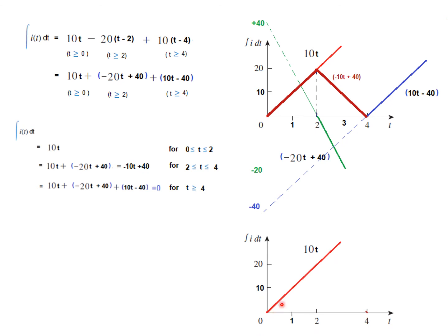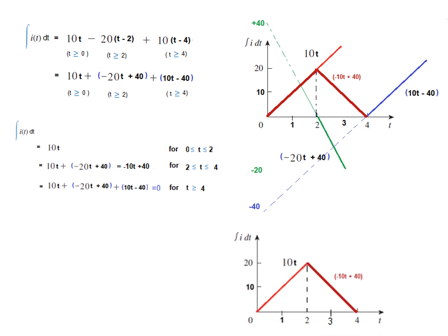This is the 10t line, but it will finish at t equal to 2, because another line starts, which is minus 10t plus 40. So it will become like this: 10t up to this point, then minus 10t plus 40, and after 4 the value is 0, so we don't need to write that value here. This is easier to understand and plot.